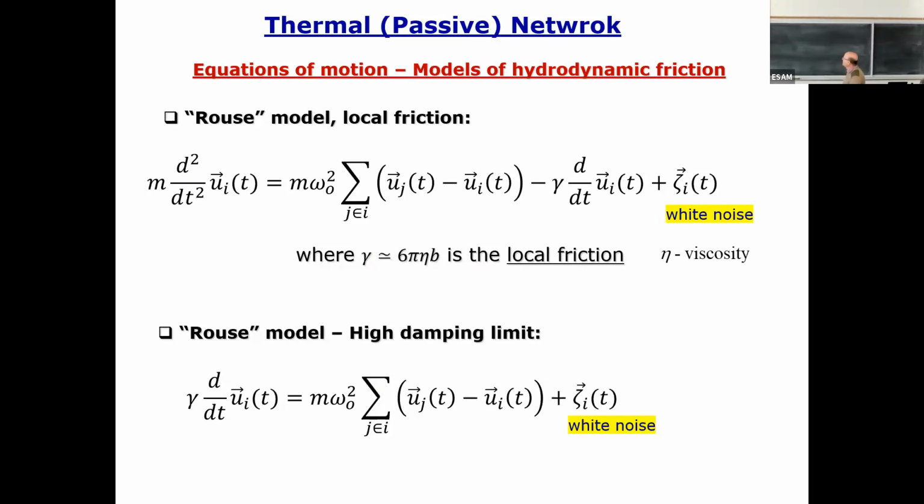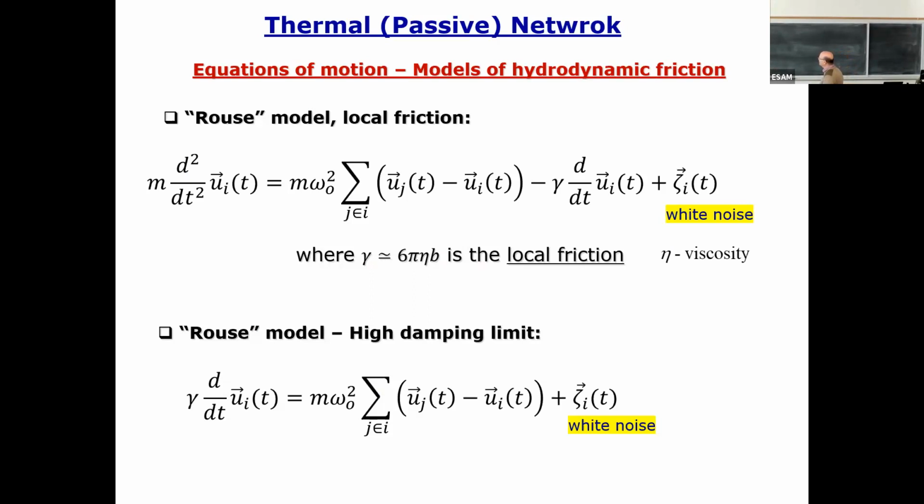So what kind of models of dynamics? The main model I will use here is the Rouse model. This is the full Langevin dynamics, only the thermal system without active noise. This is the white noise, friction. Gamma is a friction coefficient, which we didn't have before when we looked at vibration.